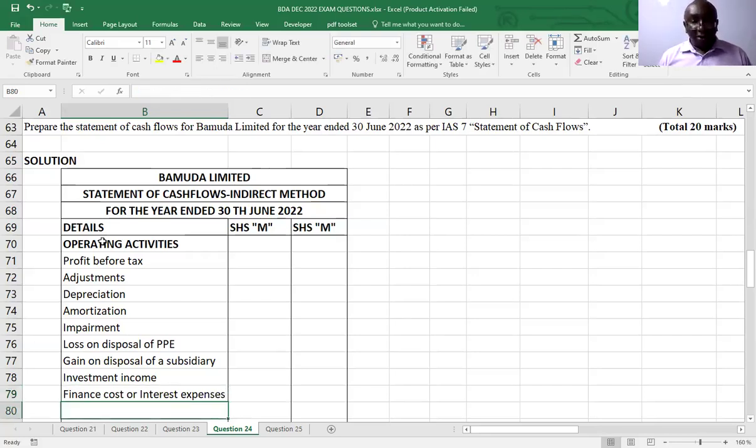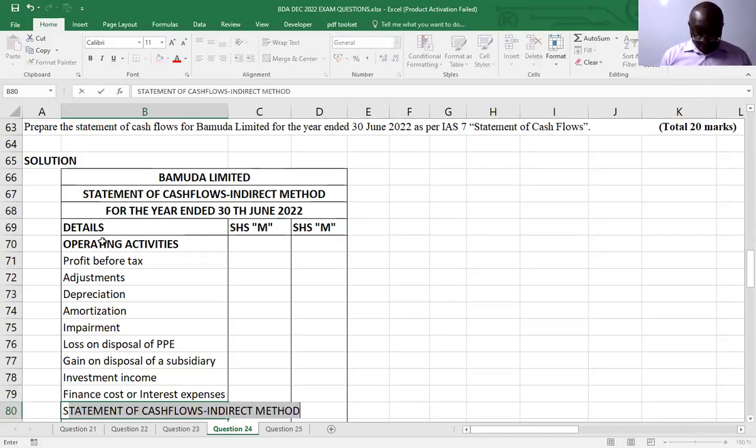Finance cost or the interest expense. Then we have the share of PAT, the profit after tax, in associate. If you have an associate, share of profit in associate.